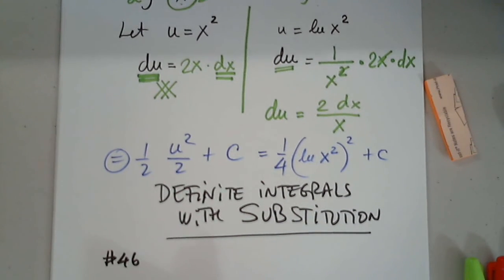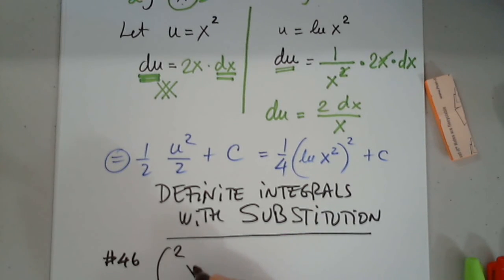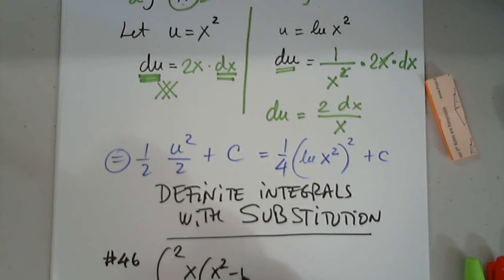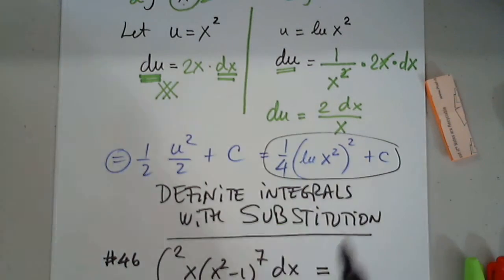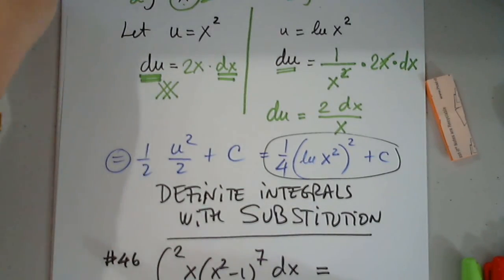This is different because this is a definite integral from 1 to 2 of x squared minus 1 to the 7th dx, and the answer would be a function or a family of functions or a number? This one should be a number.